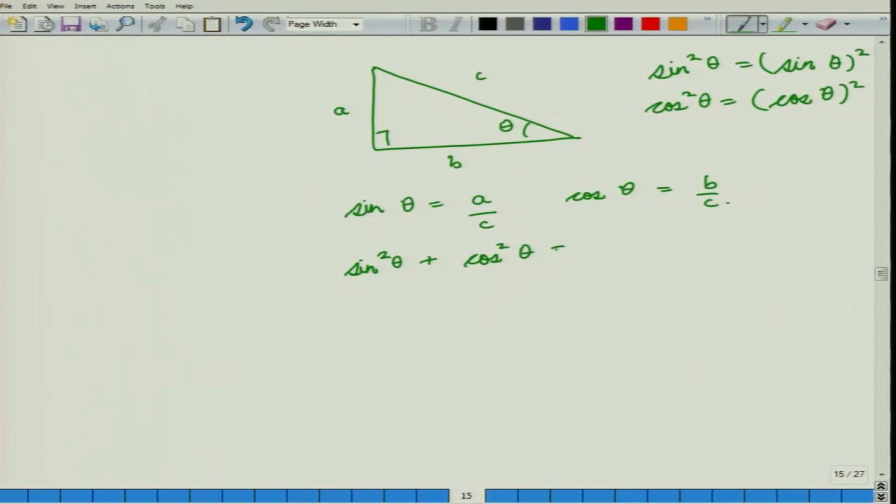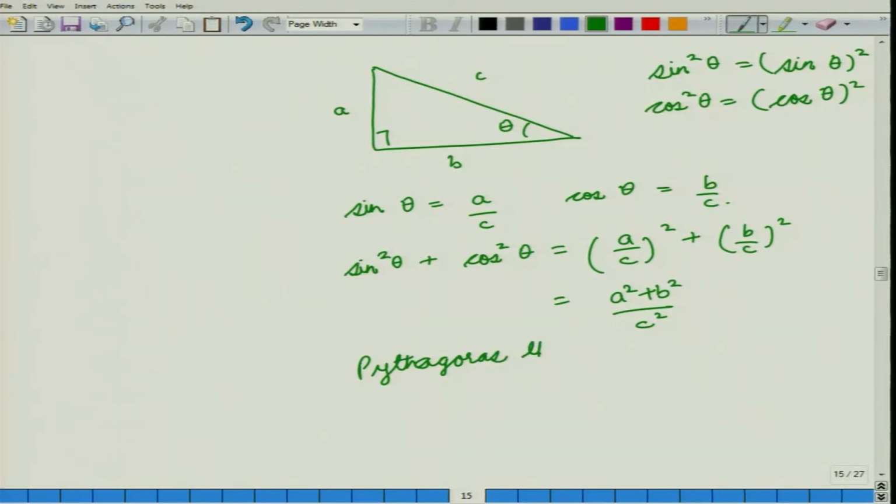So, sin square theta plus cos square theta will be A by C square plus B by C square equals A square plus B square upon C square. Now, by Pythagoras theorem, we have A square plus B square equals C square. So, this value becomes C square by C square, which is equal to 1. So, we have sin square theta plus cos square theta equals 1.